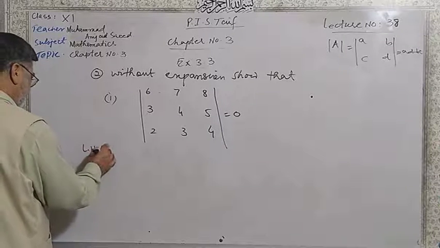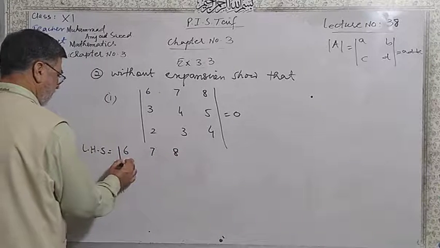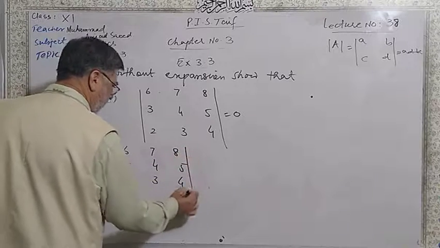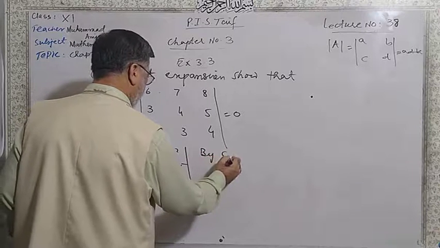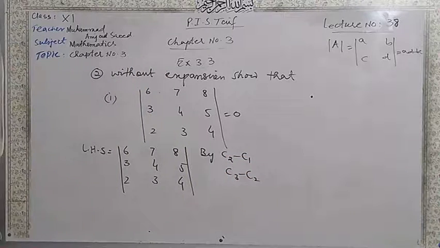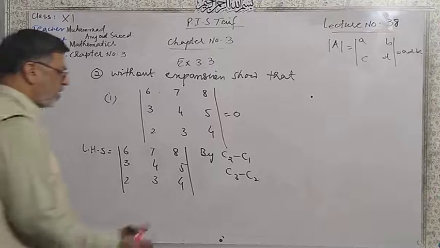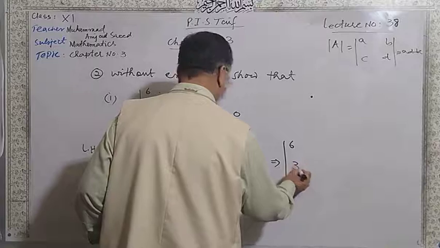Taking the left hand side, we have 6, 7, 8; 3, 4, 5; 2, 3, 4, and apply C2 minus C1 and C3 minus C2. Remember that from column number 2 we subtract column number 1, and from column number 3 we subtract column number 2. So we are left with 6, 3, 2 in the first column.